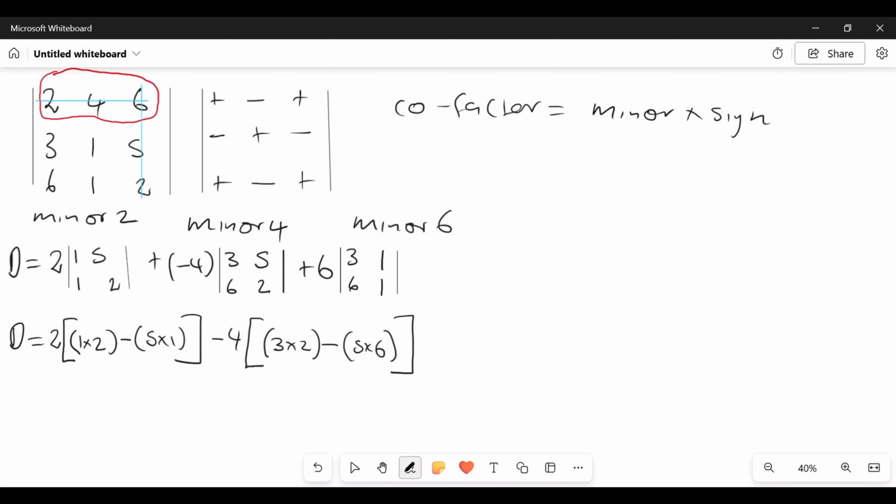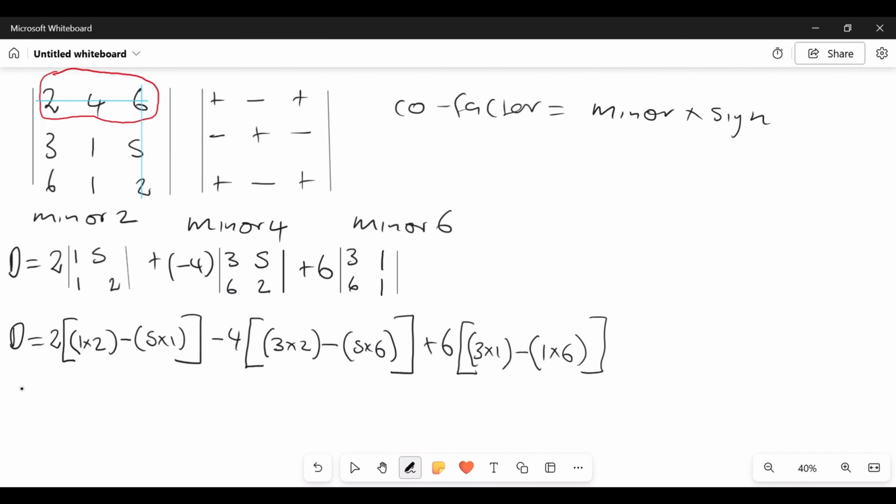And then we do the last one where the minor is 6, guys. And then we do the similar thing. Remember, 6 is positive. We multiply by 3 and 1 there. So it's going to be 3 multiplied by 1, then minus 6 multiplied by 1, or 1 multiplied by 6. It really doesn't matter which one you start with. And then we close the bracket.